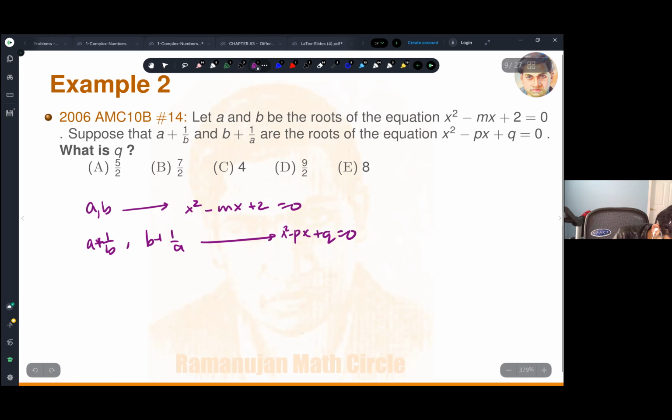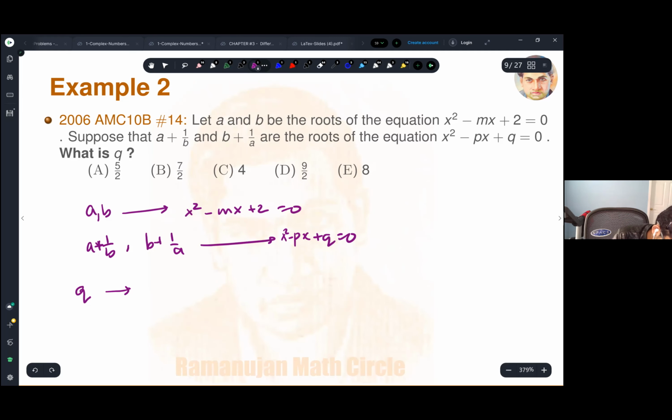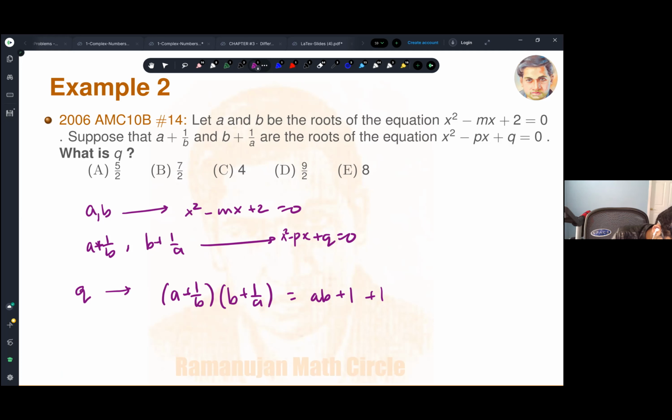So they're asking for q, and we know that q is basically the product of the roots. So that's (a plus 1 over b) times (b plus 1 over a). And let's multiply this out. So we get ab plus 1 plus 1 again plus 1 over ab. So if you write this out, it's ab plus 2 plus 1 over ab.